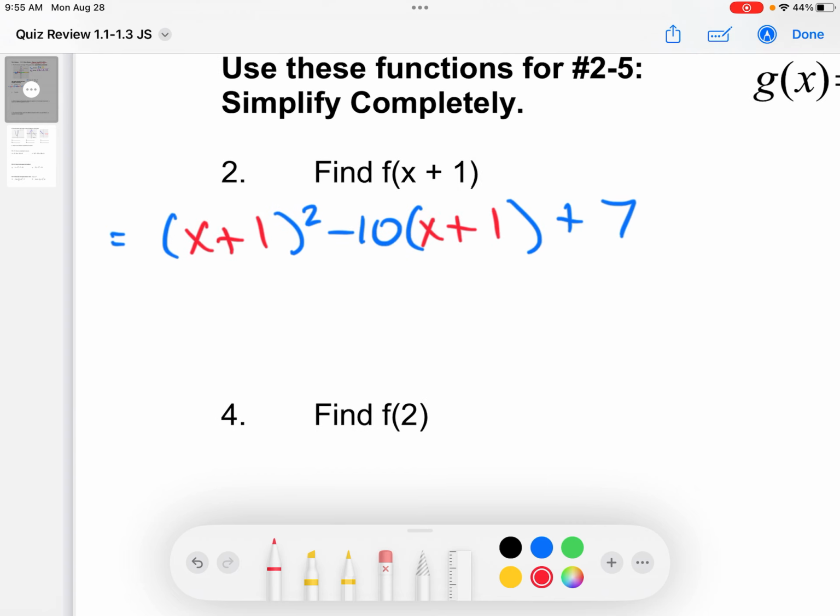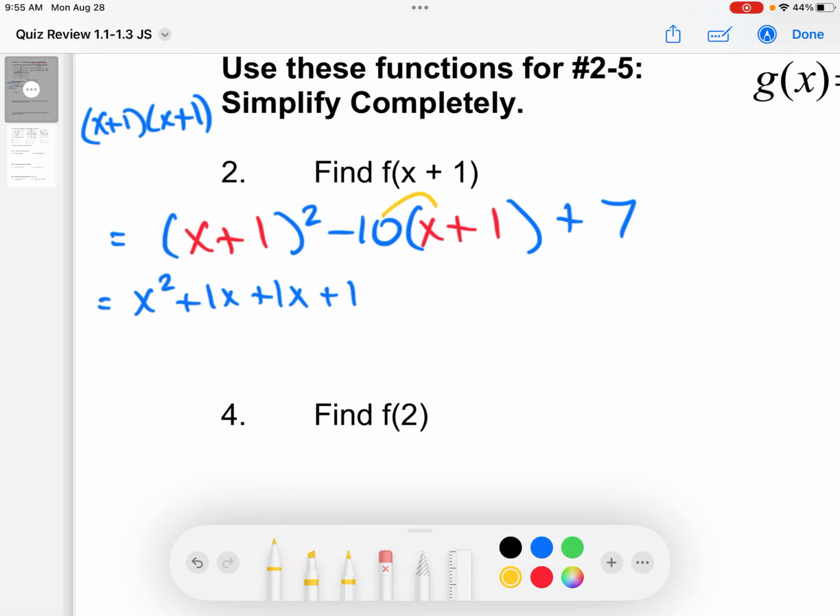So when we expand out x plus 1 squared, remember that's x plus 1 multiplied by x plus 1. So that would be x squared plus 1x plus another 1x plus 1.